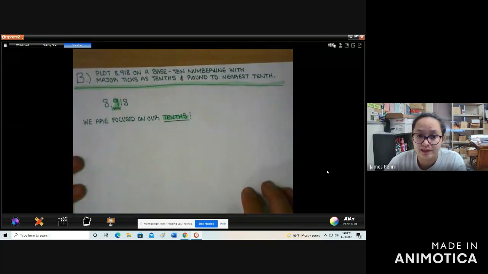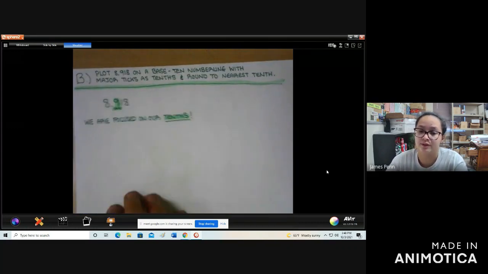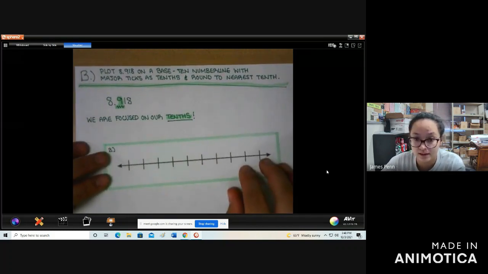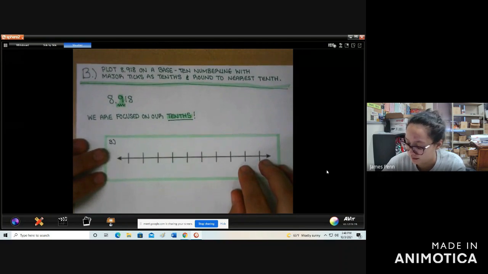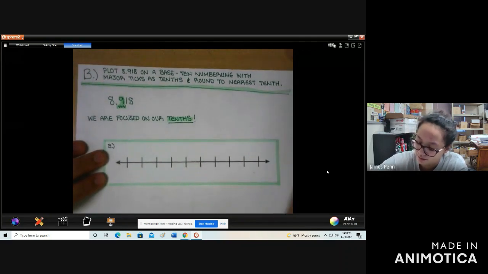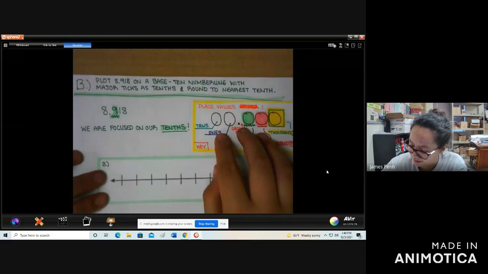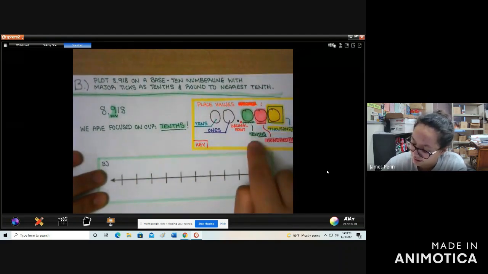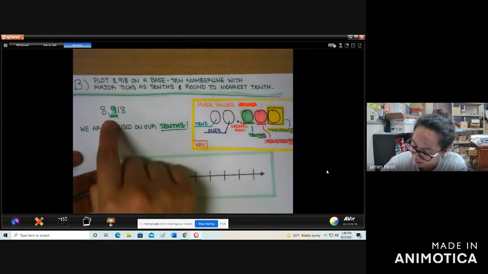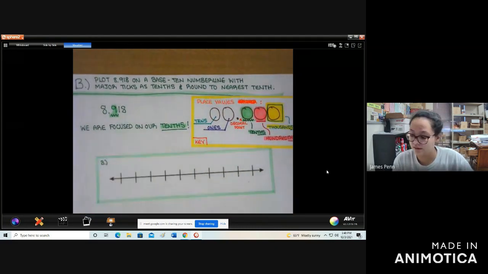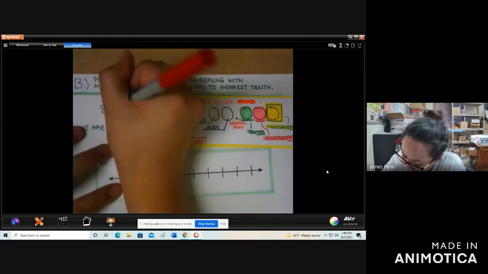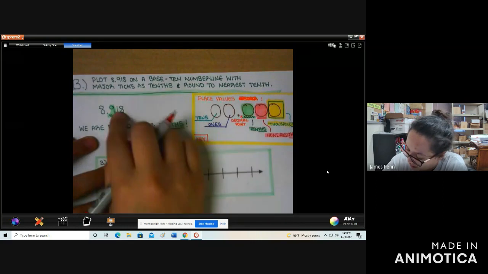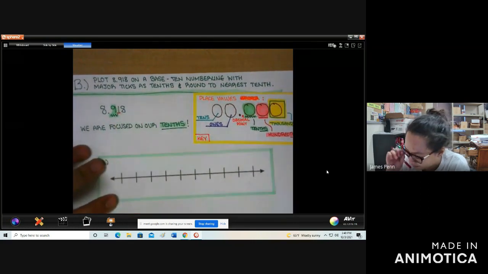Plot 8.918 on a base 10 number line with major ticks as tenths and round to the nearest tenth. Here we go. We're past the decimal point because we have the "ths." If we look at it, 9 is our tenth, 1 is our hundredths, and 8 is our thousandths.